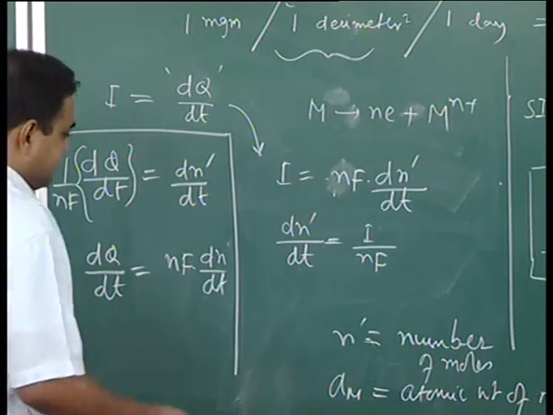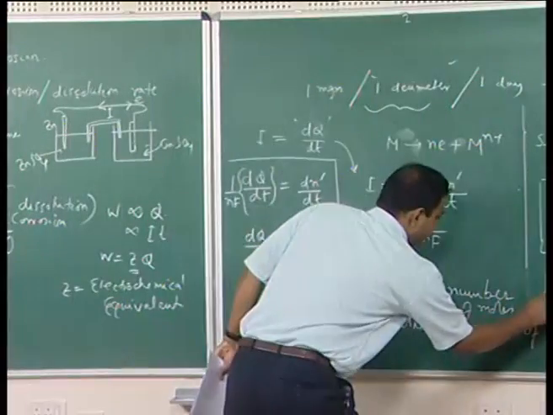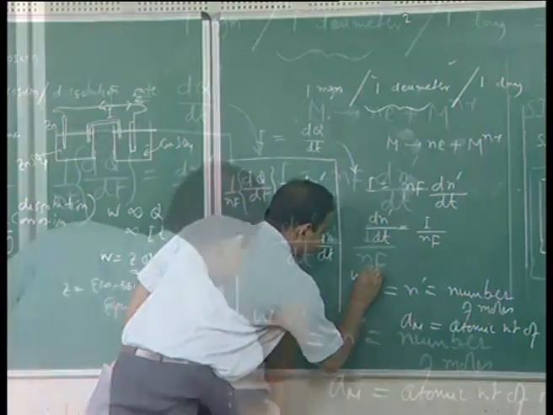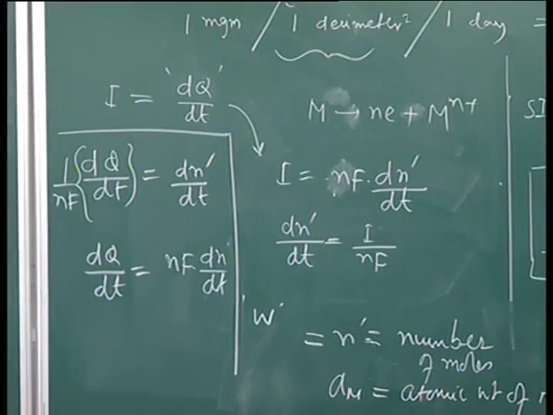Now, I can have a small relation for N dash. Let us say W is my weight loss.